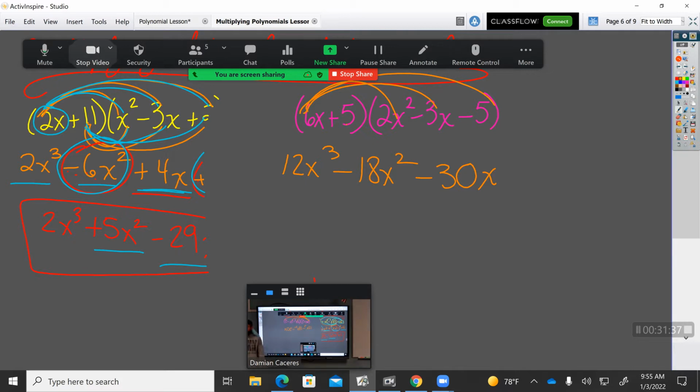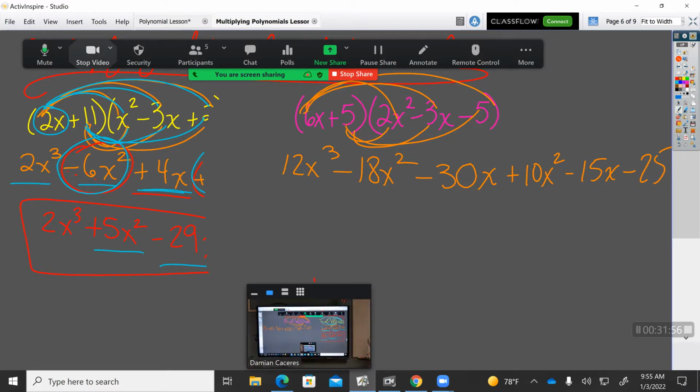Now we have to distribute the positive 5 to the three terms as well. Positive 5 times 10x squared, positive 10x squared. Positive 5 times negative 3x, negative 15x. And the last one, 5 times negative 5, negative 25.